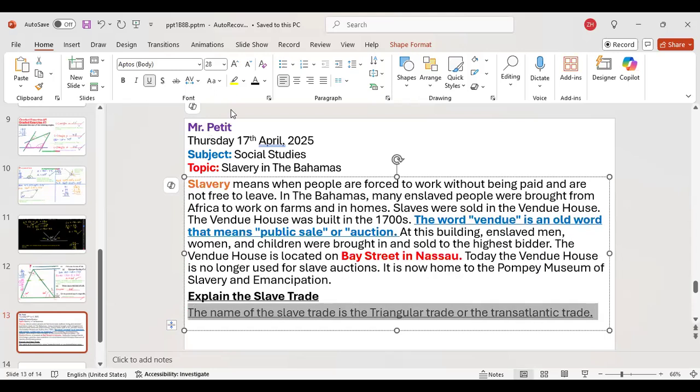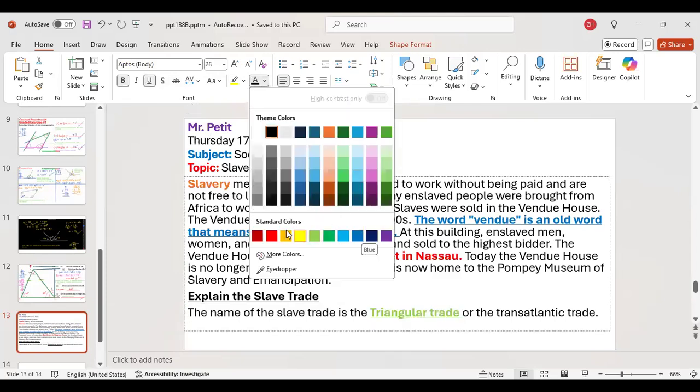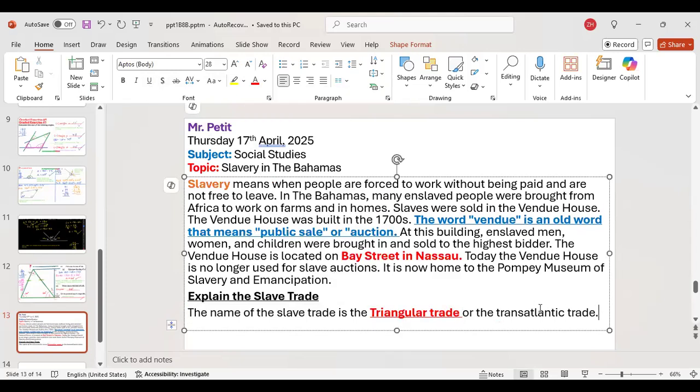Class, what is the name of the slave trade? Give me two names. The triangular trade and the transatlantic trade. Very good.